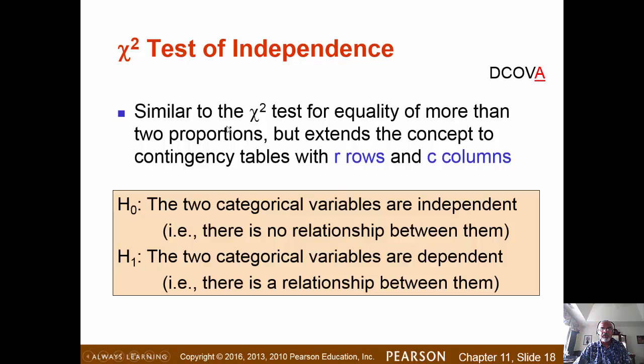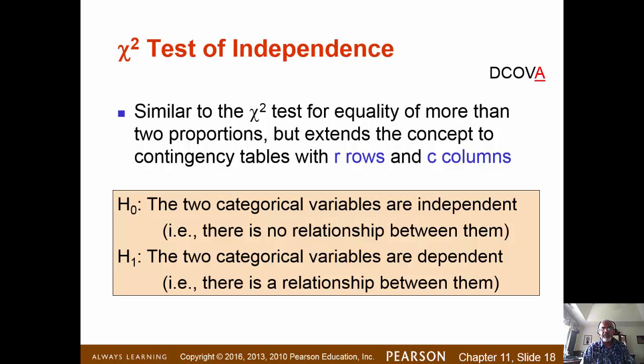Then we want to see whether the two categorical variables, the first dimension is one categorical variable, the second dimension is a second categorical variable, are independent, no relationship at all, that will be your null hypothesis, or they are dependent, that will be the alternative hypothesis.